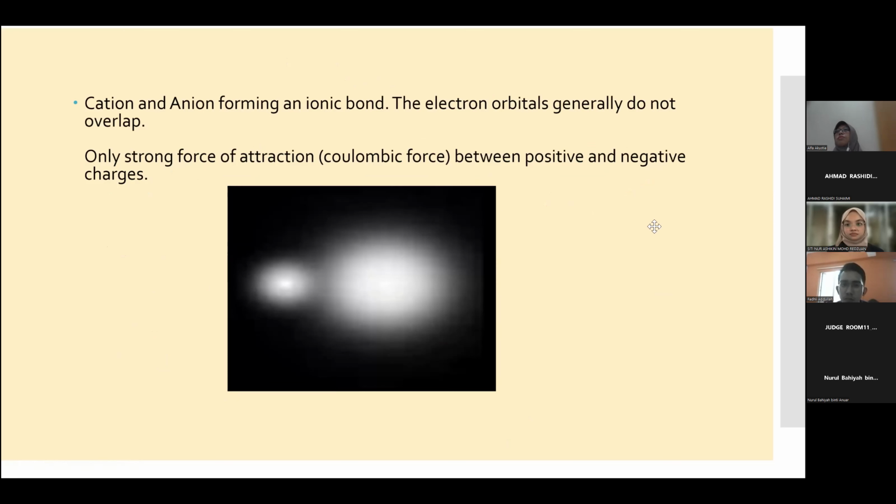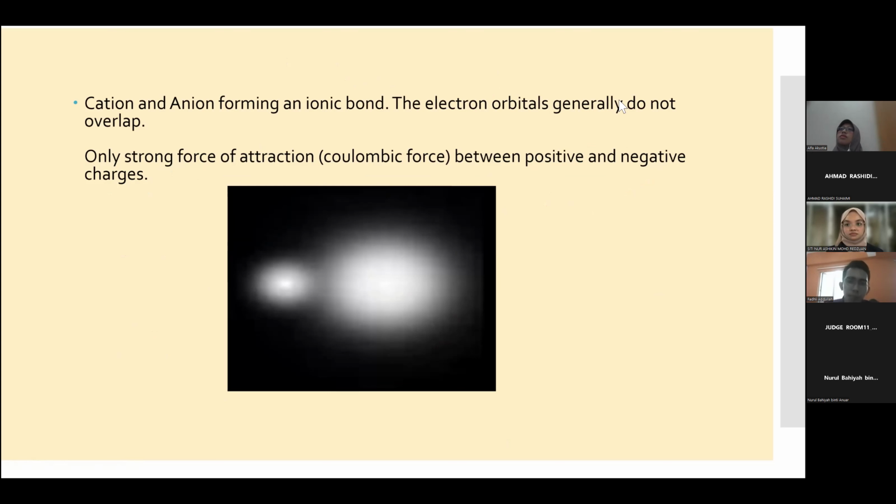The electron orbitals generally do not overlap. In an ionic bond, the orbitals do not overlap. Overlap happens in the other type of bonding, covalent bonding.